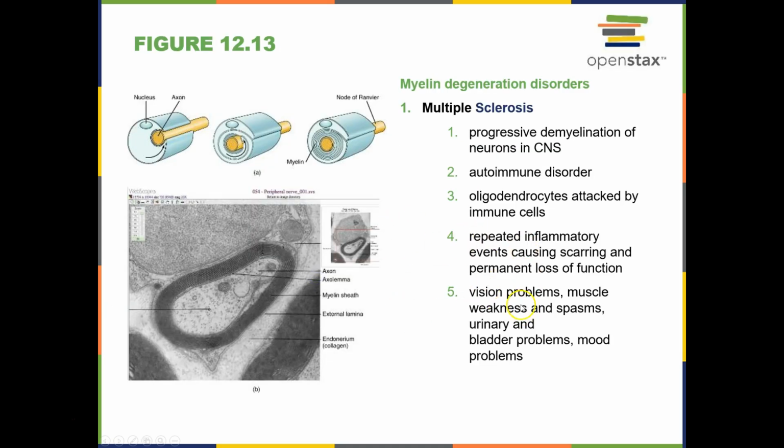One disorder associated with degeneration of myelin is multiple sclerosis. This is degeneration of the myelin in the CNS. It's an autoimmune disorder, and in this case, immune system cells are attacking the myelin sheath itself. So the information is going to move slower to or from our cerebrum to the different regions of our body, or from our autonomic nervous system to the different regions of our body, like through the thalamus.